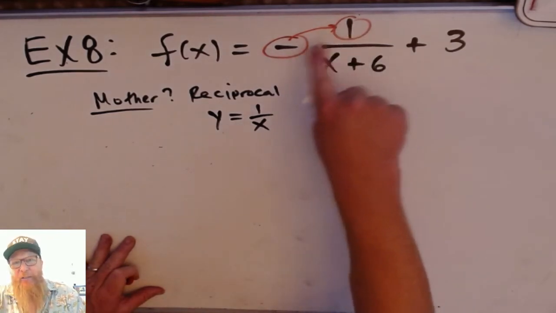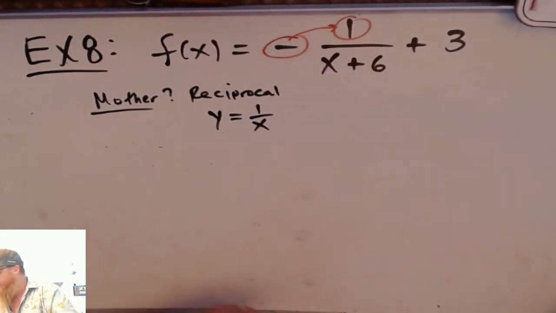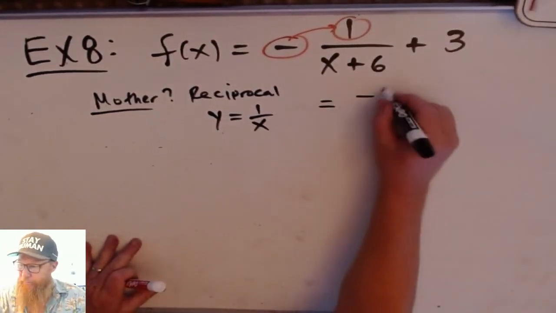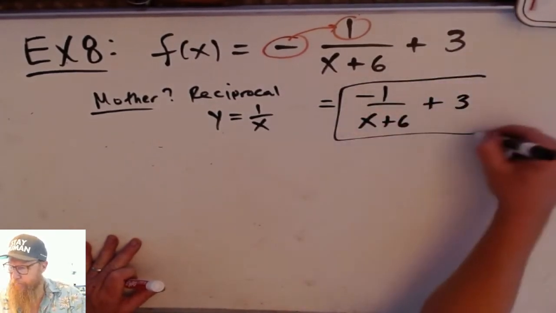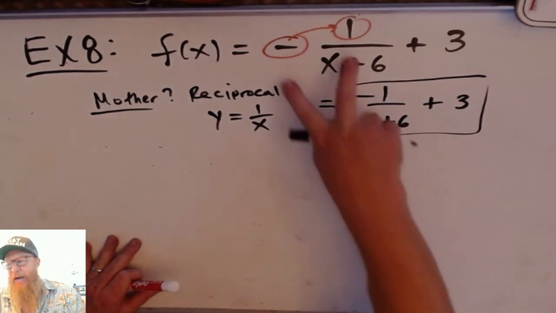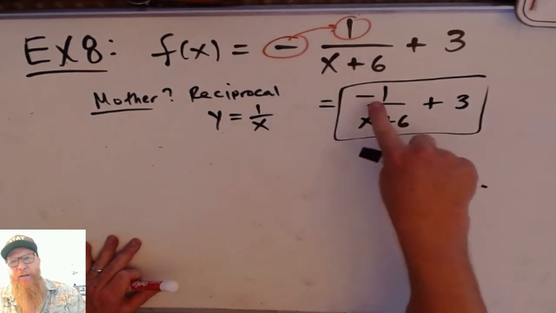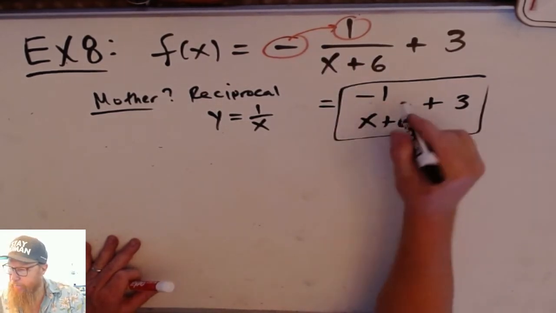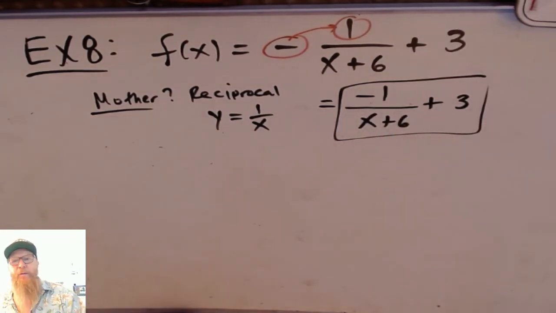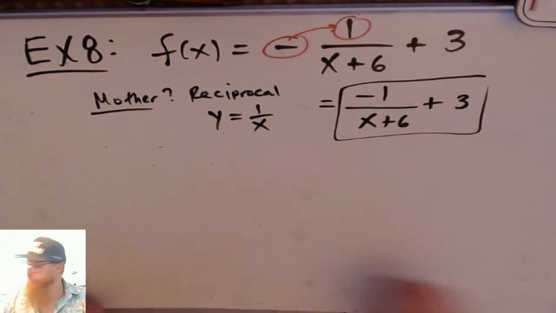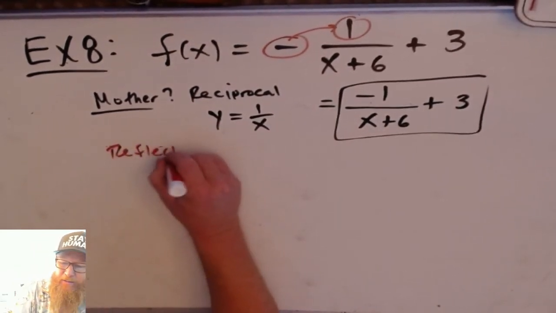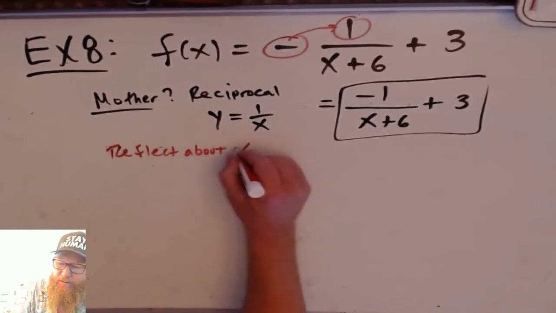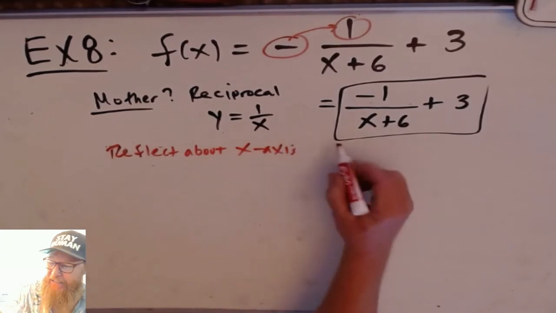So this literally means -1. I usually combine the negative and the 1 and just write it as -1. Okay, that is a reflection, and that reflects about the x-axis.